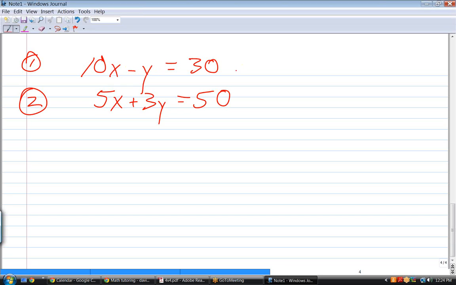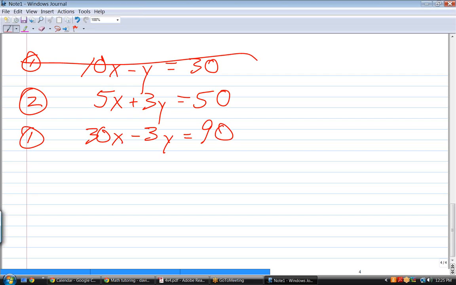It wouldn't get rid of it. I'm trying to get rid of it. What if I multiply the top equation by 3, both sides? What do I get? 30x minus 30y equals 90. By 3. Oh, 3y minus 90. I mean, equals 90. Okay, now that becomes my new equation 1.